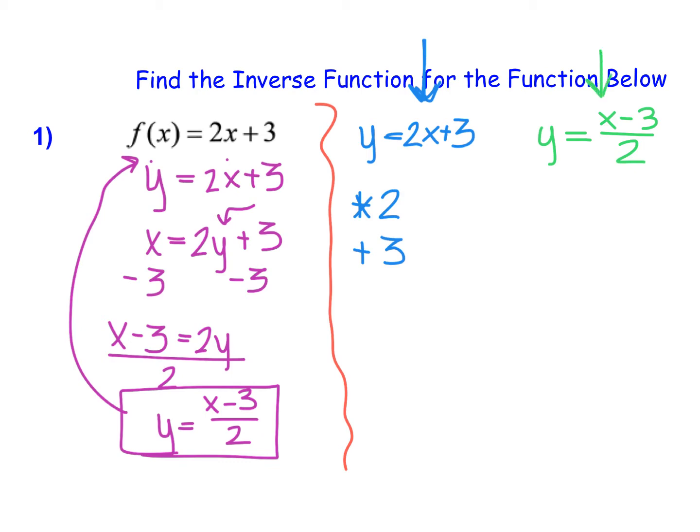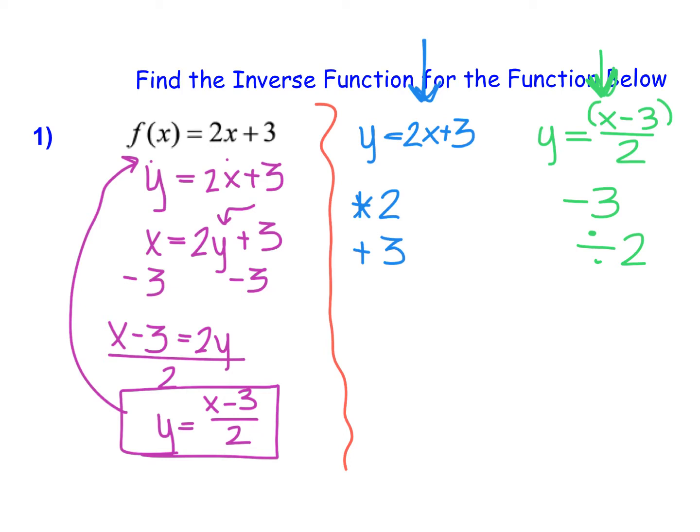If I look at the second one, remember that the top of a fraction really has imaginary parentheses. So here we would subtract 3 and then divide by 2. We have subtraction and division, but the subtraction comes first because of the order of operations. What I think is a really cool relationship between these is that they contain almost the same operations, they're just opposite.